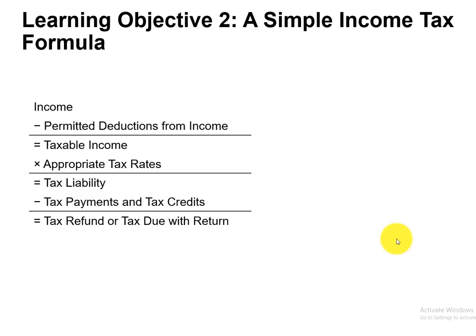But if you get a tax credit of $1,000, you're going to save $1,000 because that's going to reduce your tax liability by the whole $1,000, not just the percentage that you would have paid in income taxes. And then we compare how much you paid or the tax credits you are entitled to with your tax liability to see if you get a refund or you have to pay in.